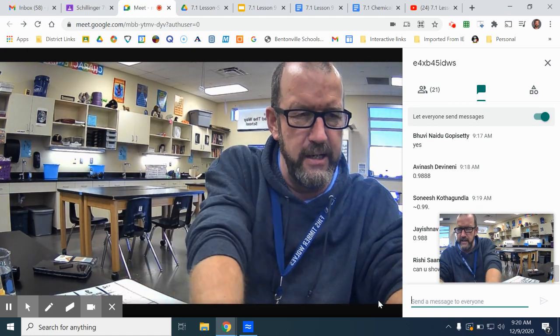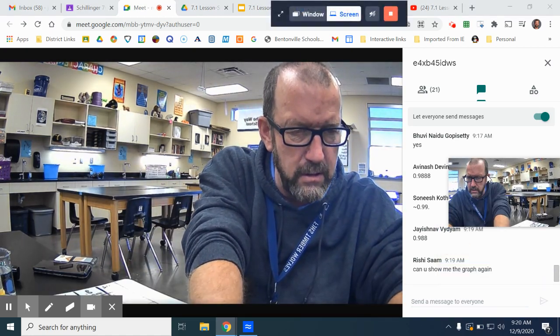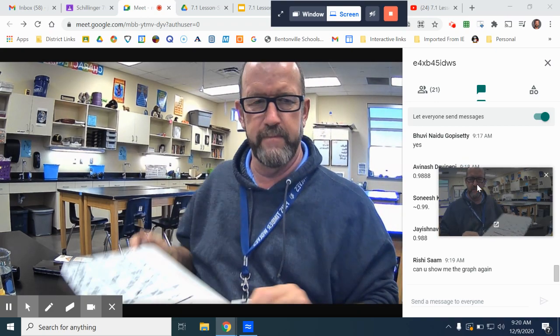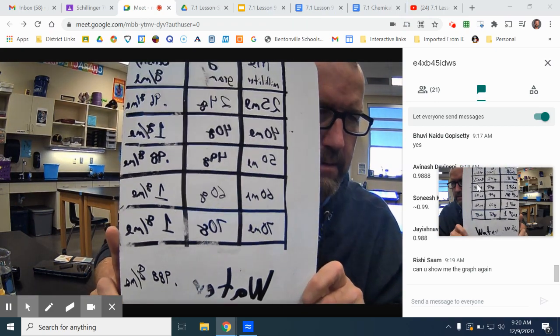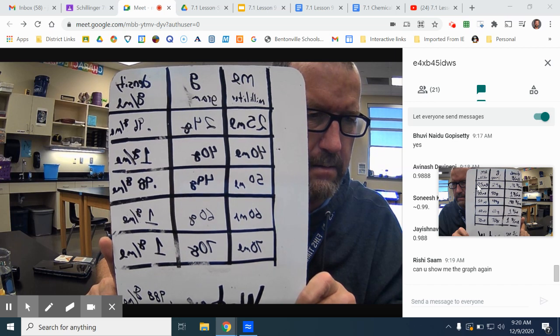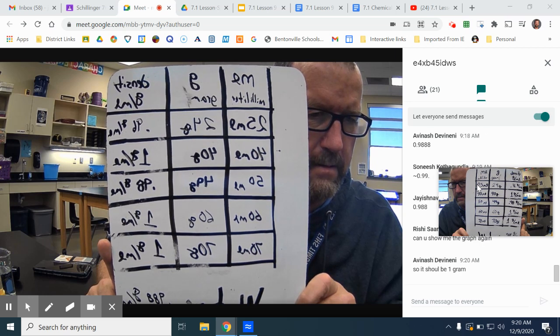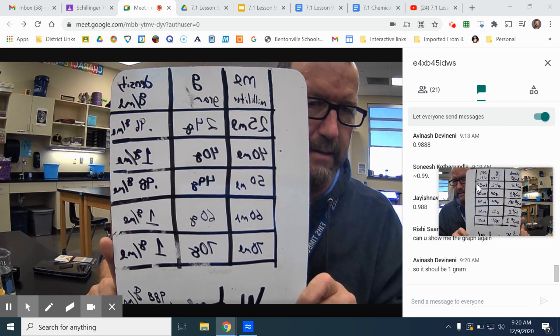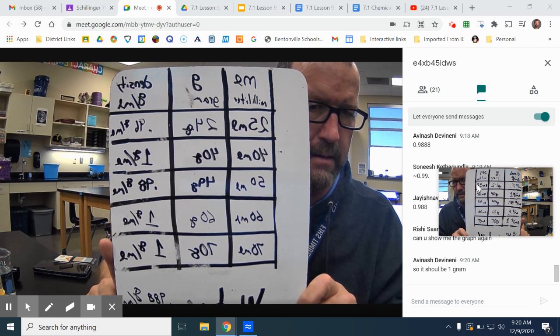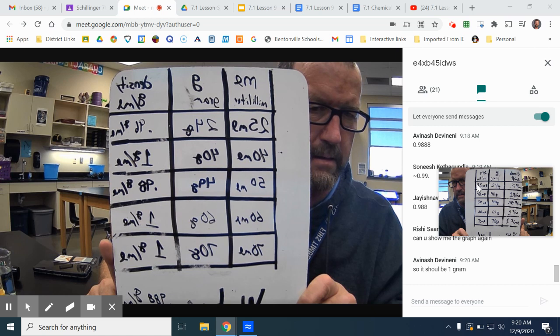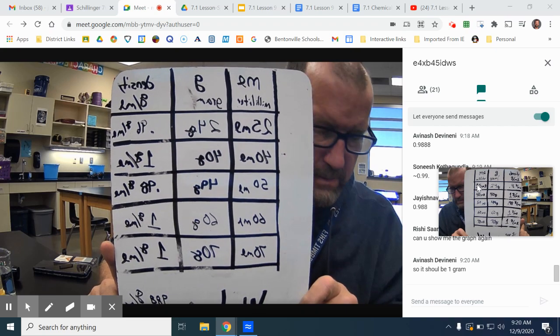Rashish, you're asking me to show you. Oh, yeah. So, Mr. Schillinger, if we had like a computer do this for us, and it was very precise and gave us exactly 25 milliliters, we would have probably gotten 25 grams.